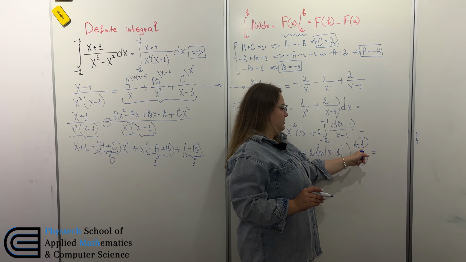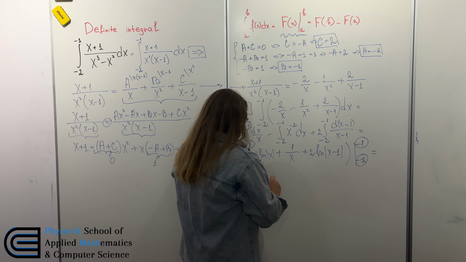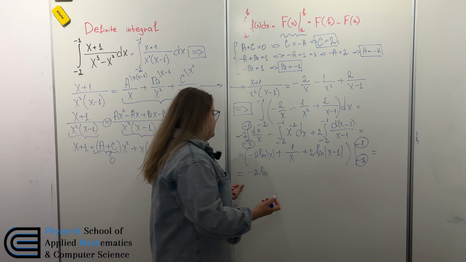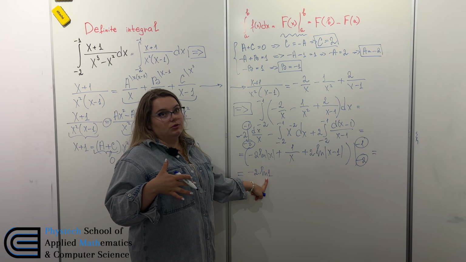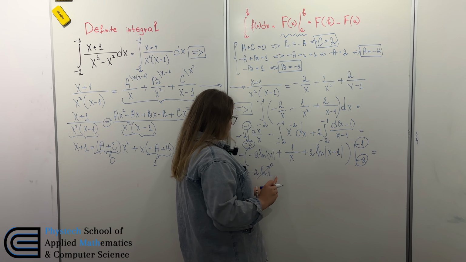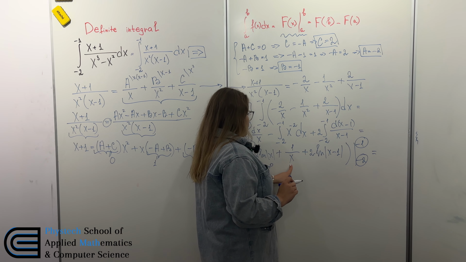Our b is -1, so first of all, -2 logarithm of absolute value of -1 gives us logarithm of 1. We know that logarithm of 1 gives us 0. Perfect. Then here we should put -1.